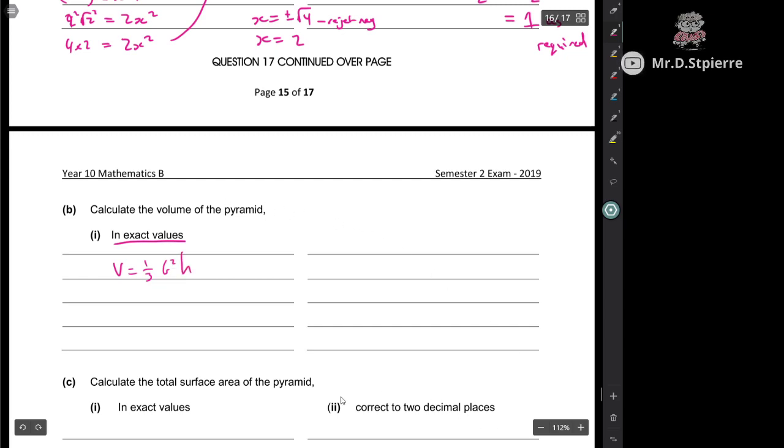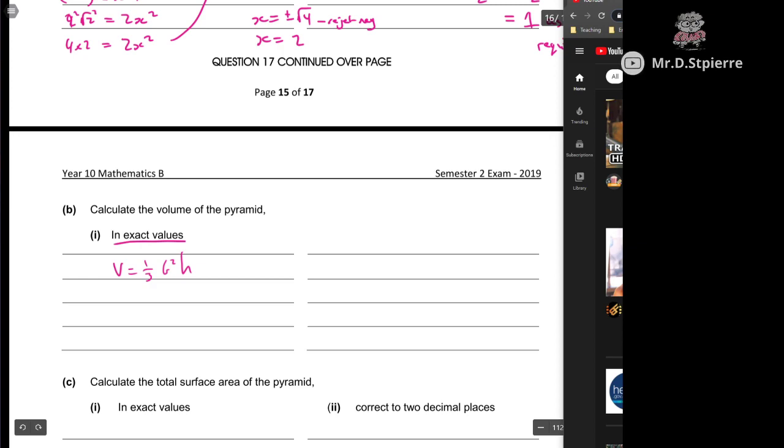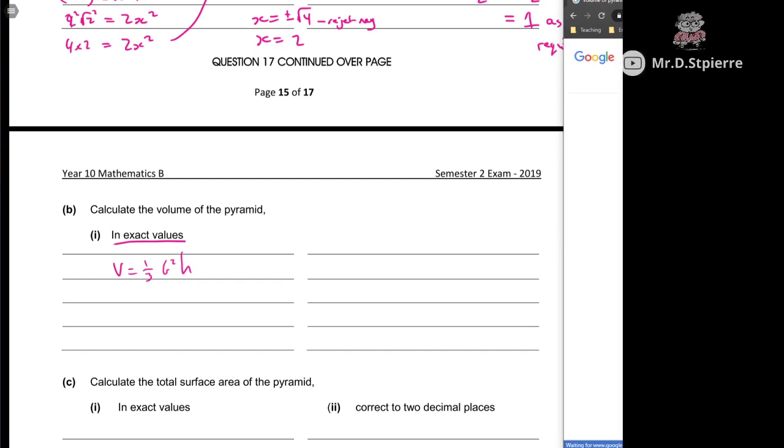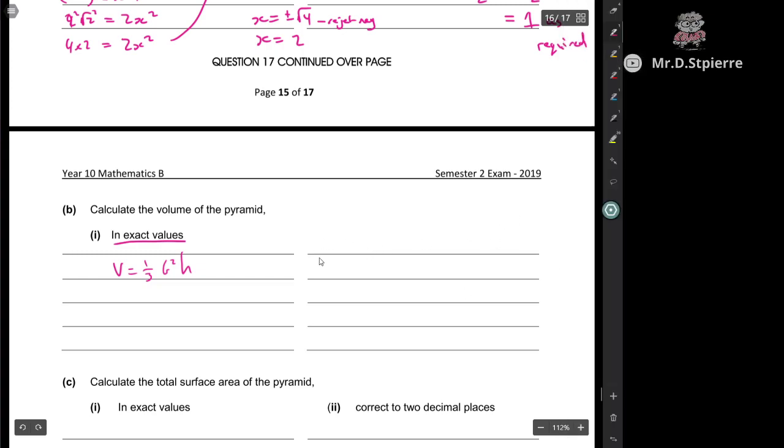Now, h for this is the actual vertical height and not the slant height.